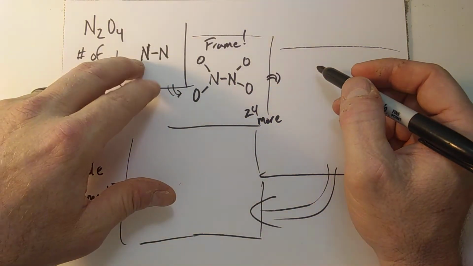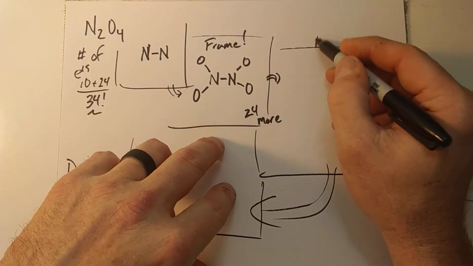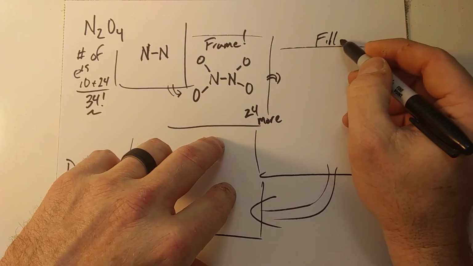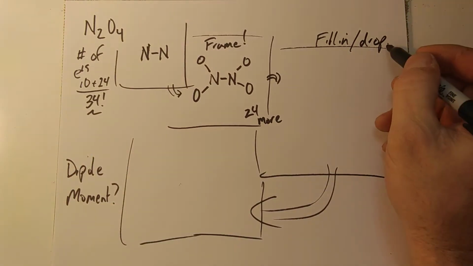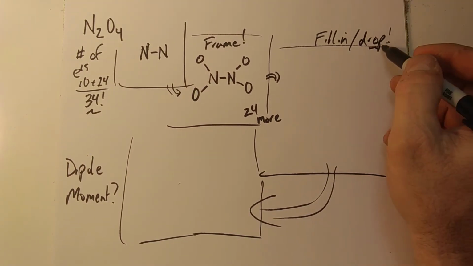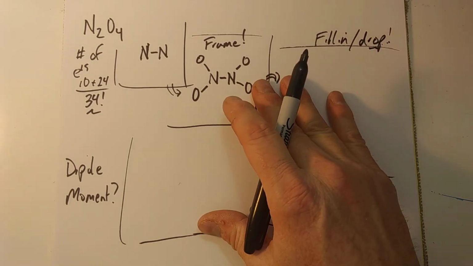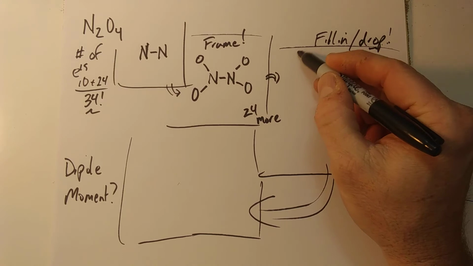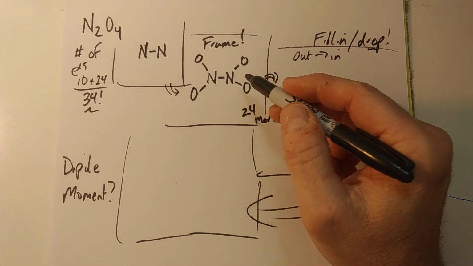So we're finding the center, framing around it, and we're going to fill in with electrons and drop if we need to. I'm going to leave this last step for our final structure, our Lewis structure that's going to be valid. Filling in, we do it from the outside to the inside, meaning the oxygens first.